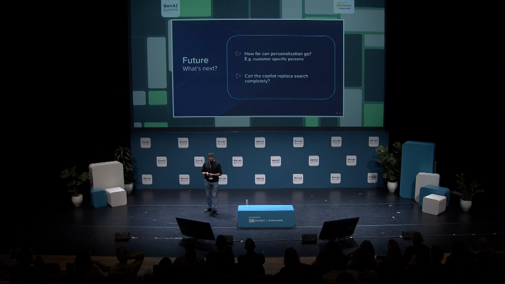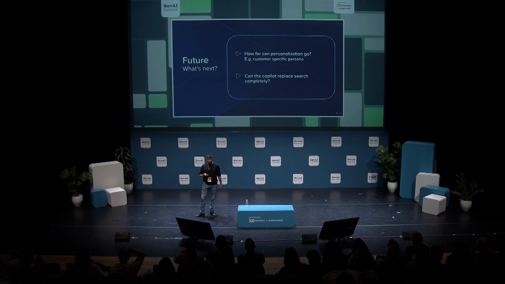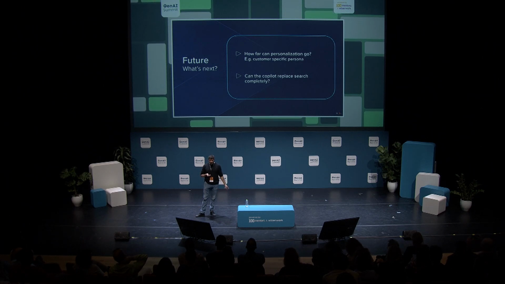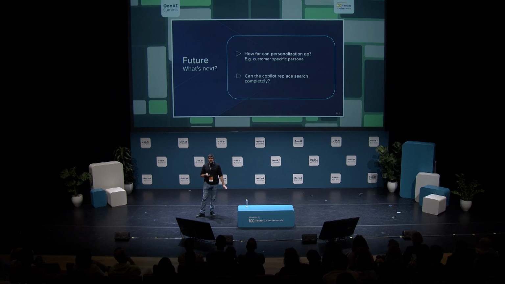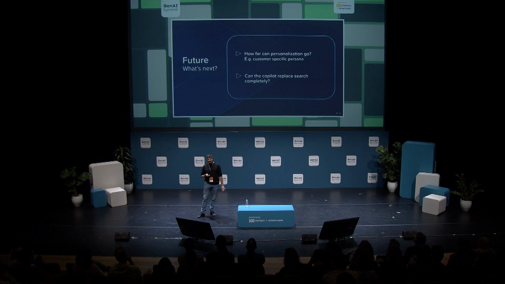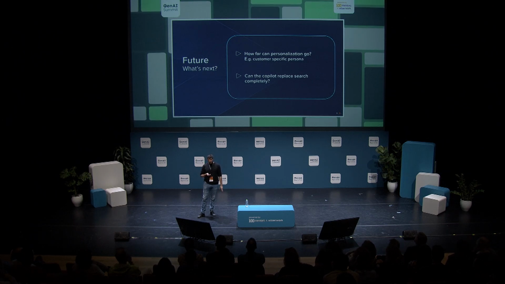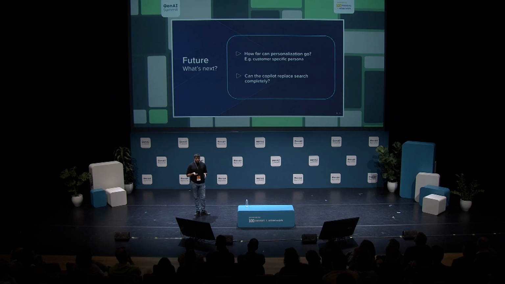Finally, considering the future a bit and where this type of technology can get us, the first is how far we can go with personalization. Can we do customer-specific personas, where every customer has their own personal assistant which has a completely unique role and way of speaking for them? And secondly, can we go in the other direction and have the Copilot replace search completely?